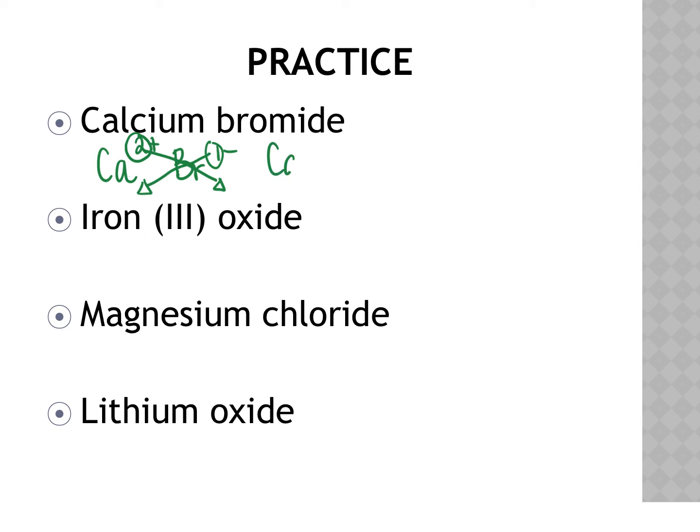So we end up with Ca1 Br2. Once you get to this step, no charges. We're not writing charges anymore. And then last, do we have to write a 1? I'm just going to rewrite it as CaBr2. So our final formula is CaBr2.